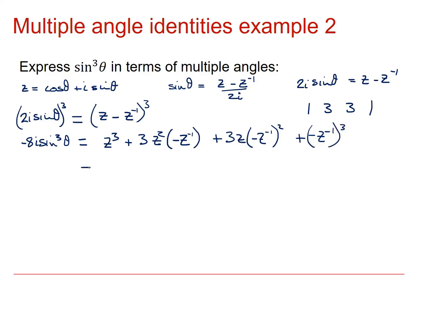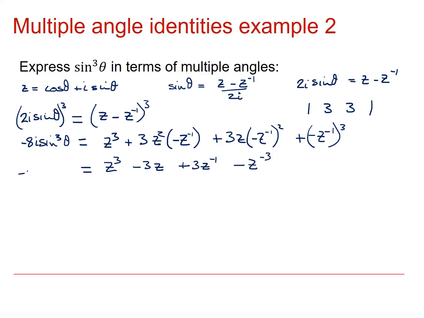If we work that on through, then I'm going to get z cubed. I'm going to get minus 3z. And from here, I'm going to get plus 3z to the minus 1. And here I'm going to get minus z to the minus 3.